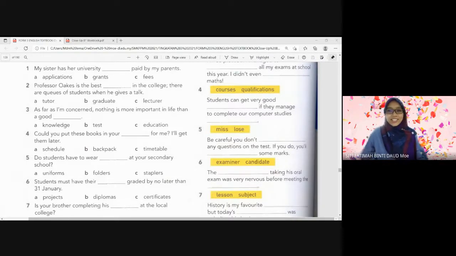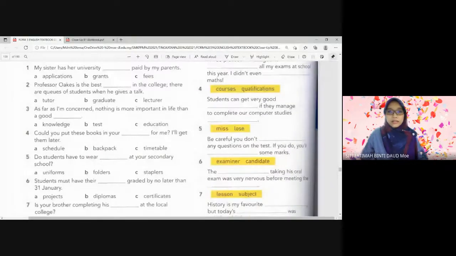So what can you say if someone asks you what is your qualification? Usually we take qualification at the big exams that you have. My qualification is UPSR, for example. My qualification is SPM, STPM, or degree, or diploma, and master. All right, courses. Courses are the subjects that you take, if you want to take law course or medic.